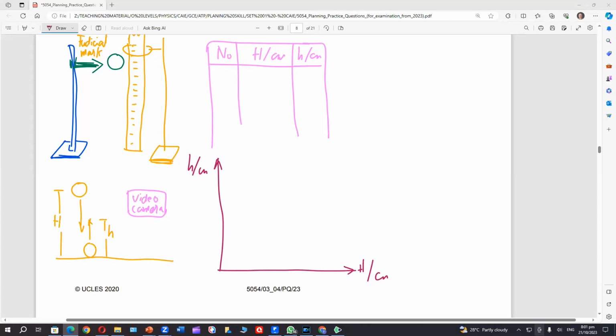Repeat the trial with a different drop height.